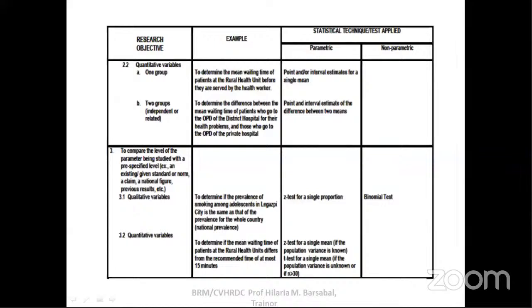So there is a recommended time to serve a patient, for example, and you are going to gather quantitative variables. So you talk about z-test for single mean or t-test for single mean if population variance is unknown. So in this case, z-test is used if you made use of a large sample and you are making use of a comparison of mean, but variance is taken from the population.